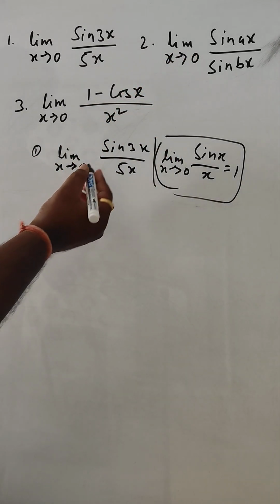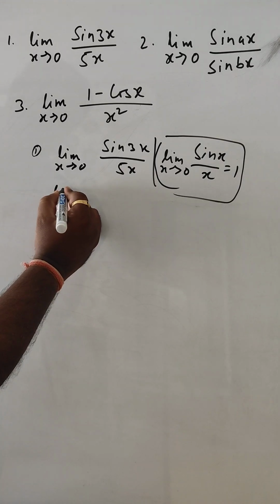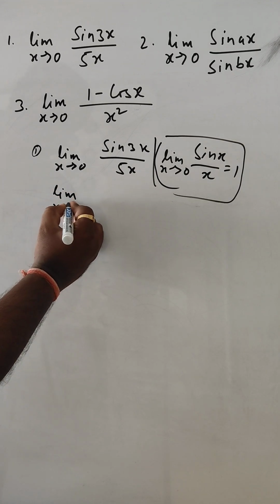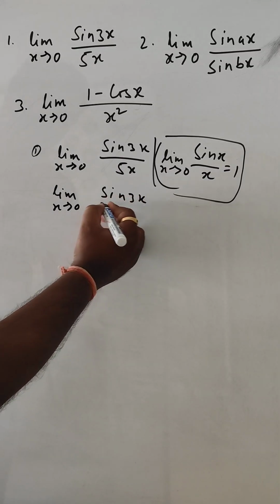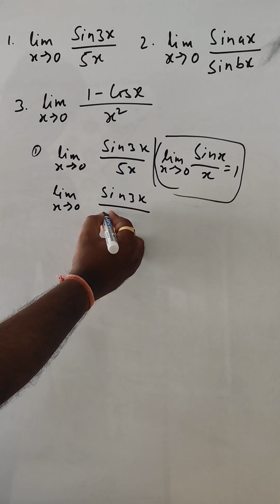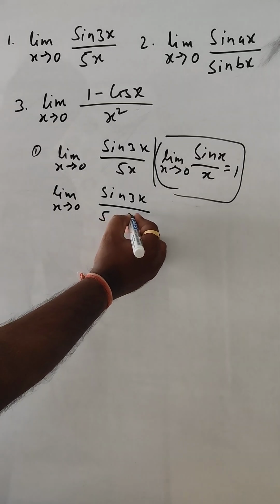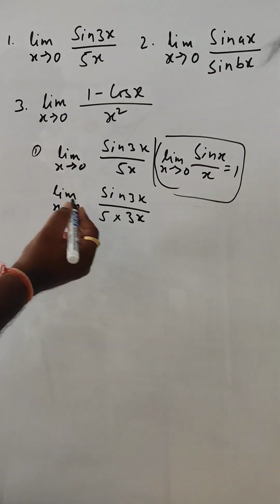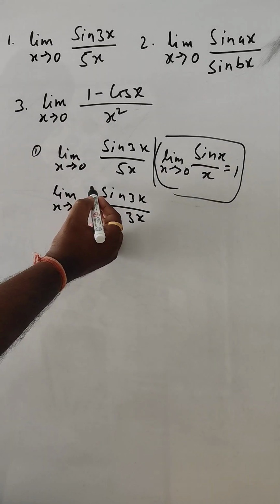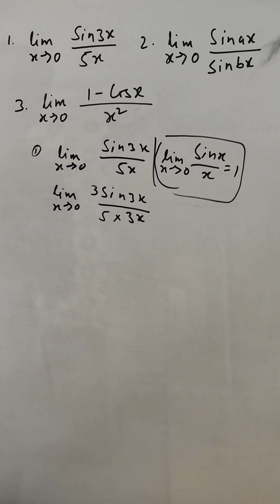Okay, so in this problem, limit x tends to 0 sin 3x. Here it is 5, right? We'll do it like this, 3x, and if you multiply in the denominator, we'll multiply in the numerator also.